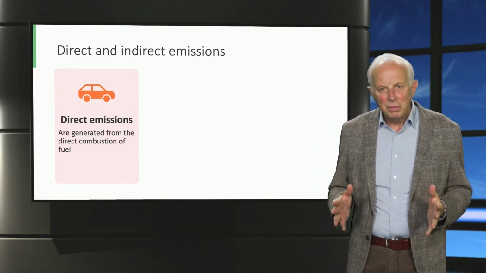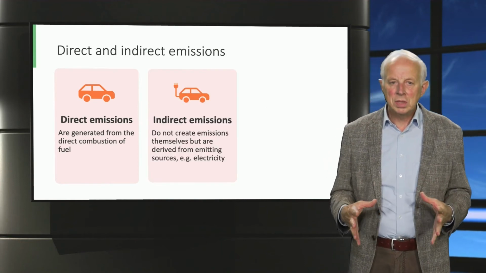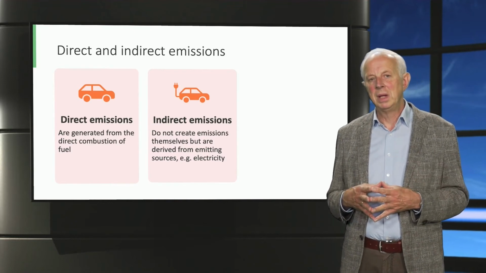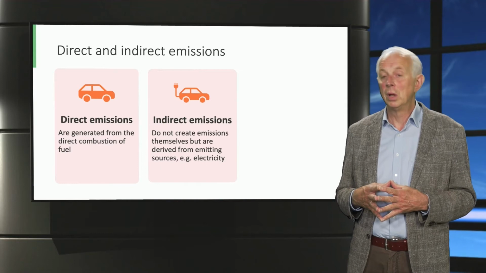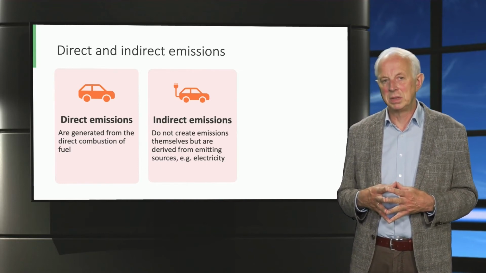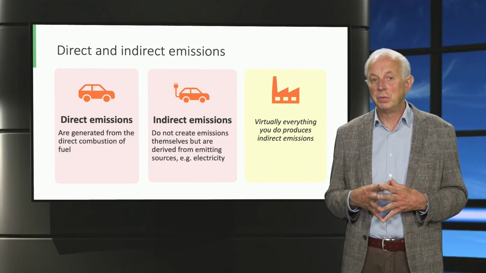But virtually everything you do leads to greenhouse gas emissions. Whether you use electricity or you buy a coffee or a new table, every activity always has a quantity of associated emissions. These are called indirect emissions. Calculating these emissions can be a lot less obvious.